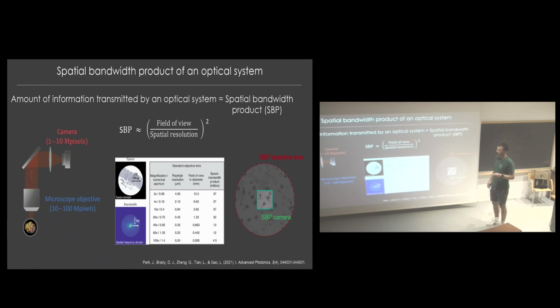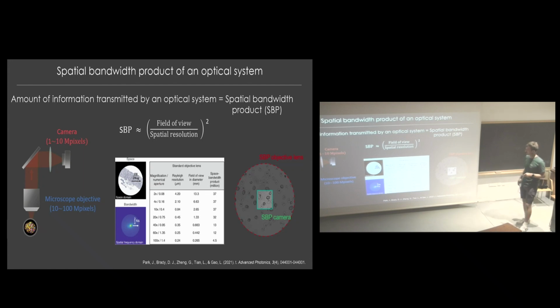But right now, scientific cameras, I mean good ones with high sensitivity, still have a limited number of pixels. Let's say 1 to 10 megapixels. Of course you can find cameras with 100, 150 megapixels, but right now they are still very expensive and not as sensitive. Meaning that in an optical system, what limits your amount of information is your detection.